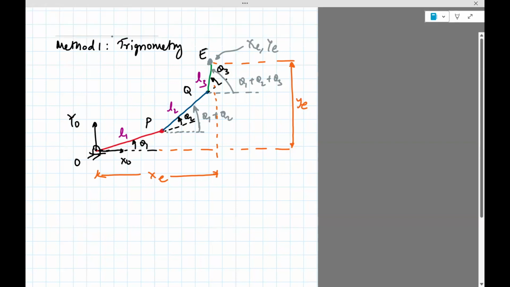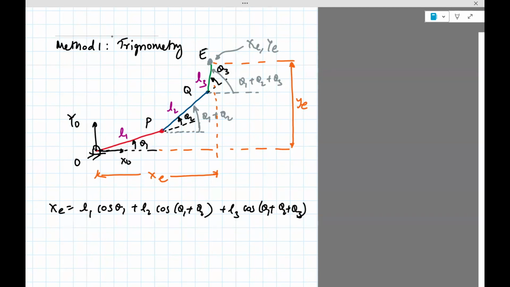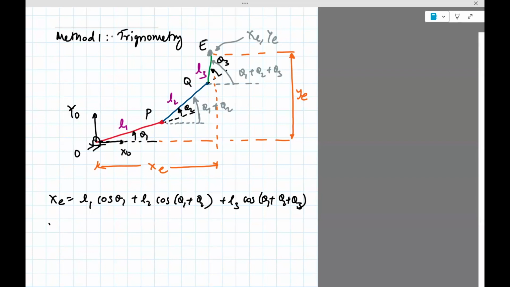And so it's not hard to see that XE will be L1 cosine theta 1 plus L2 cosine theta 1 plus theta 2 plus L3 cosine theta 1 plus theta 2 plus theta 3, right? And then YE is L1 sine theta 1 plus L2 sine theta 1 plus theta 2 plus L3 sine theta 1 plus theta 2 plus theta 3.